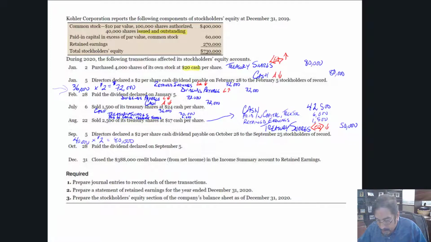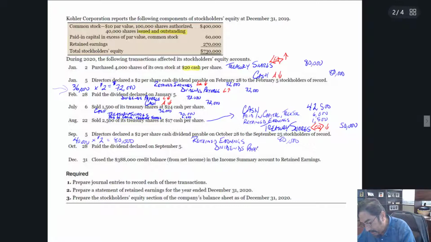So just like above on January 5th, I should be hitting my dividend account, but in this chapter, they want us to debit retained earnings for the $80,000, and we're going to credit this payable account, common dividends payable, for the $80,000.